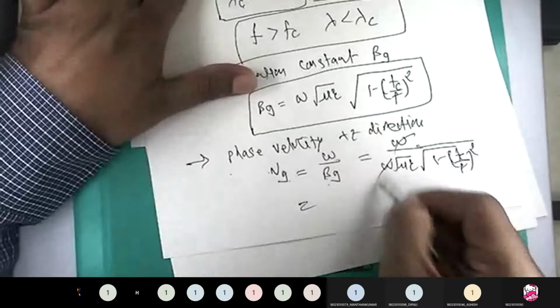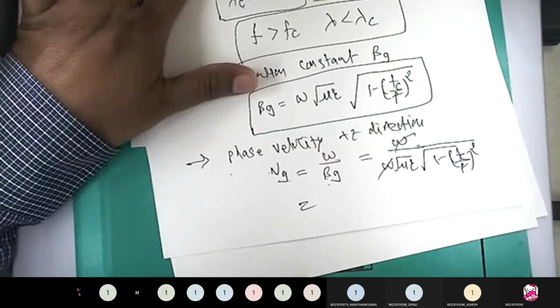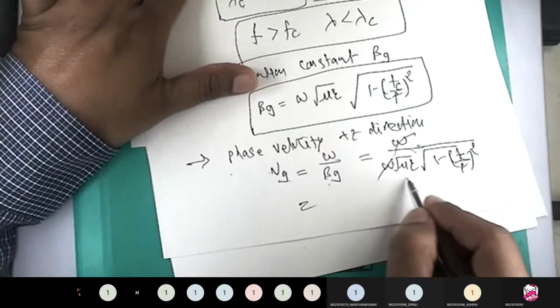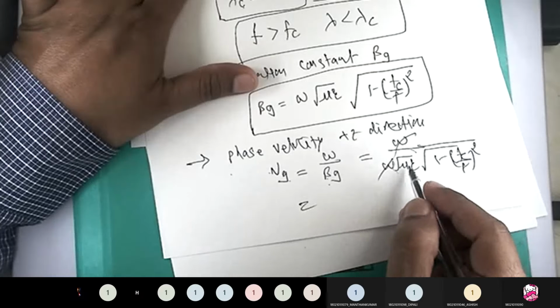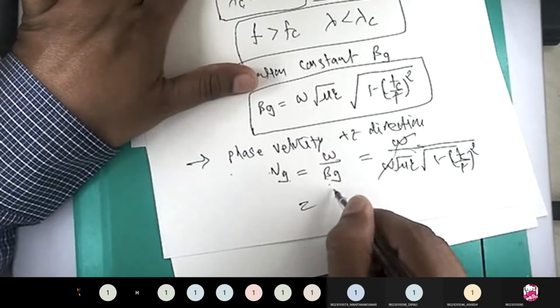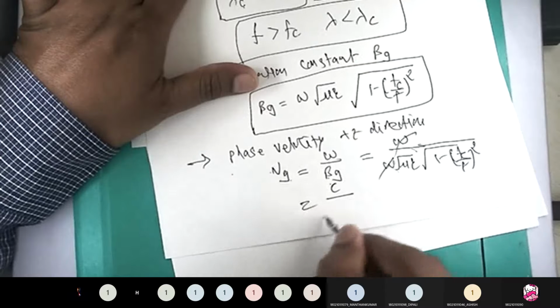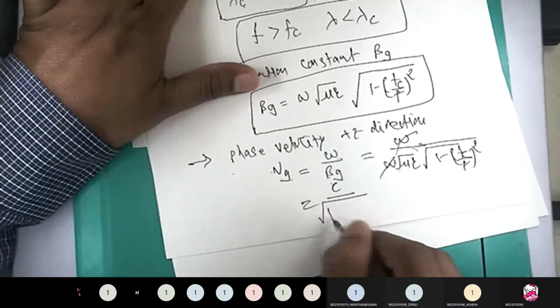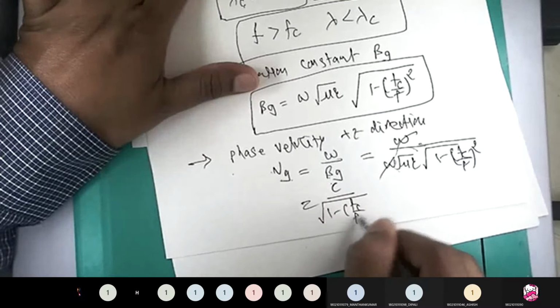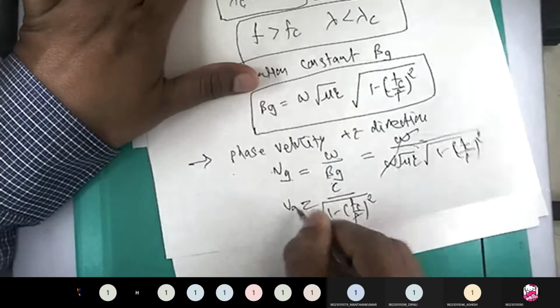Finally, omega will cancel, and I know that 1 over square root of mu epsilon is nothing but the light velocity, so I can write it as c. So c divided by the square root of 1 minus (fc over f) whole square.